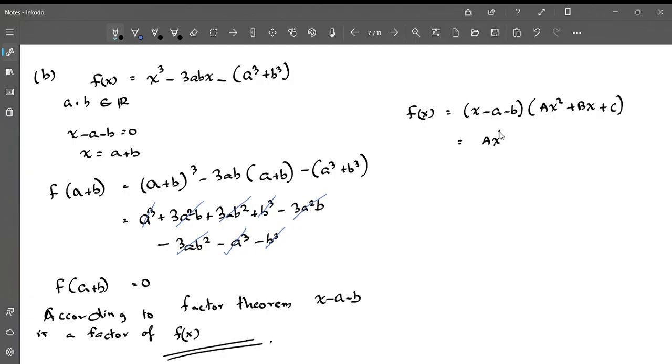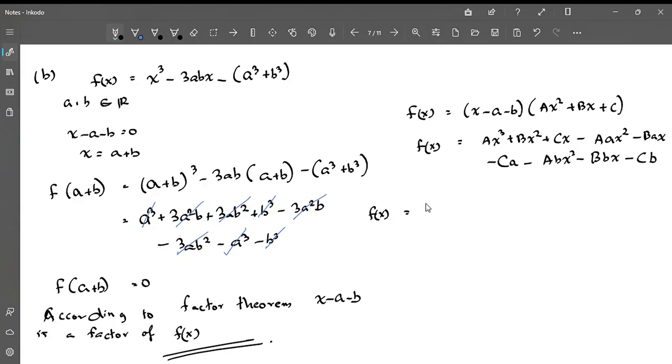ax cubed plus bx squared plus cx minus a·ax squared minus b·ax minus ca minus abx squared minus b·bx minus cb. This is all equal to f(x).